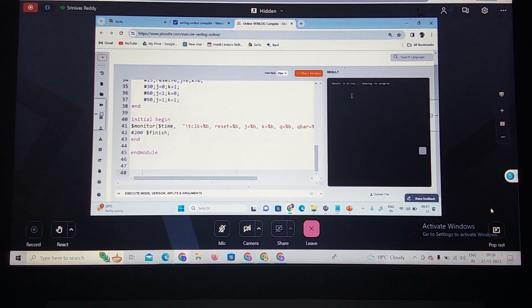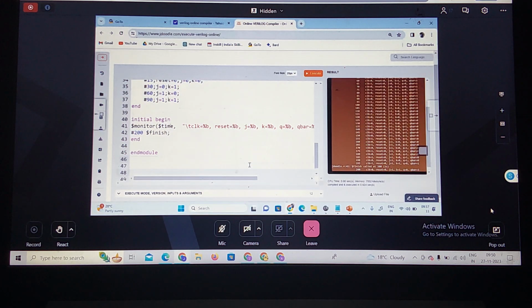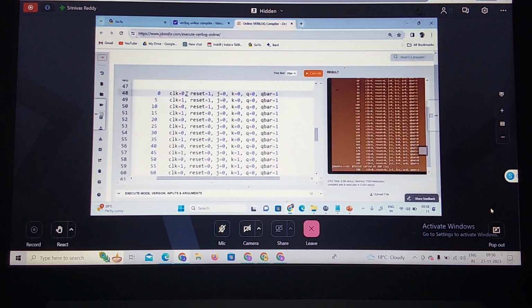Now analyze the output. So at time t is equal to 0 now, clock is 0, reset is equal to 0, K0. Now Q is equal to 0, Q bar is equal to 1.